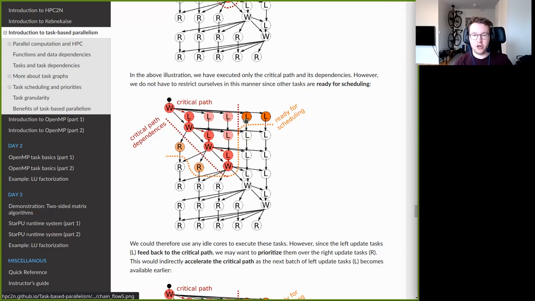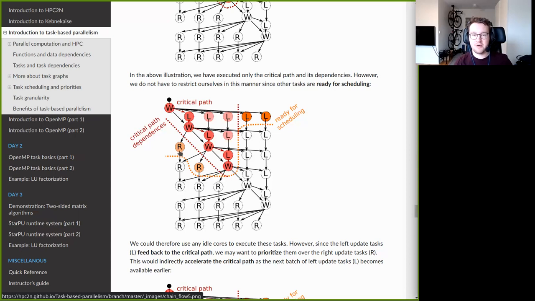So if we have any extra CPU cores available at this point, we could start executing these tasks that are not on the critical path at the moment, or are not dependencies for the tasks on the critical path up to this point. But we might investigate what happens later, which is that these left updates here, at some point in the future, are going to be feeding information back to the critical path.